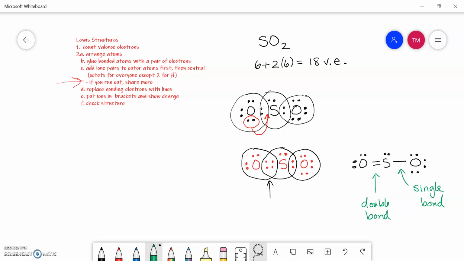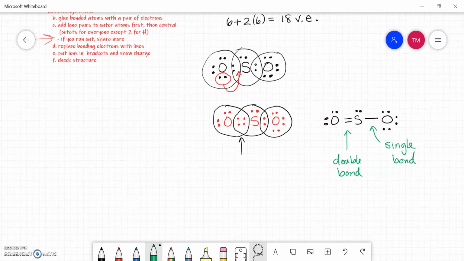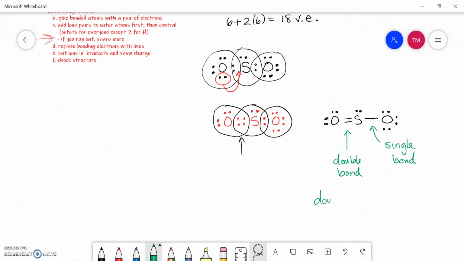So double bonds are generally stronger than single bonds. Okay, but it's important that you only make double bonds when you have to.